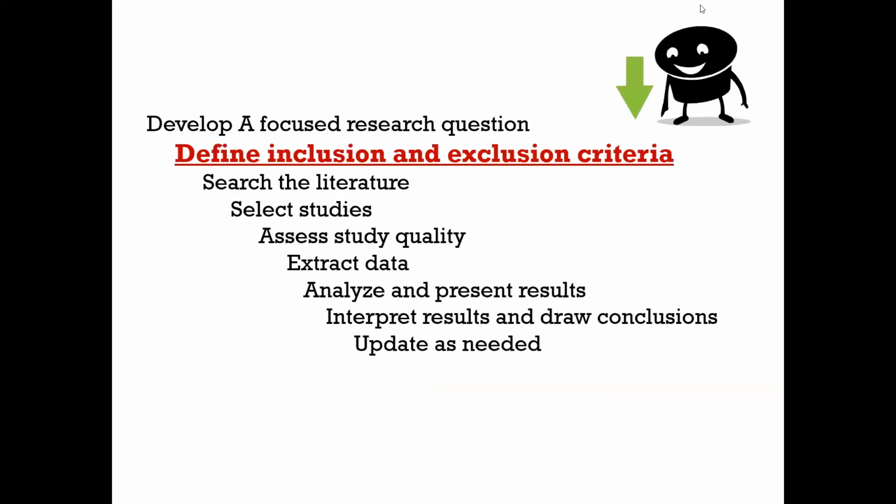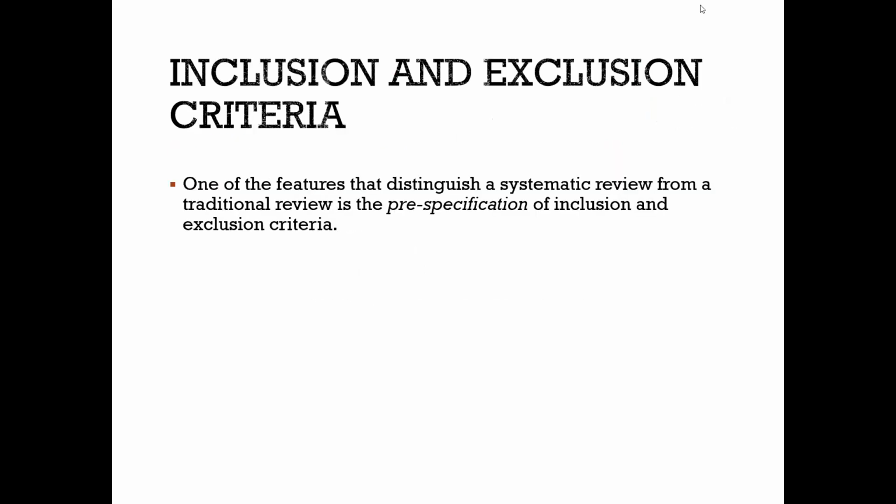Next, define the inclusion and exclusion criteria. Like I mentioned, you have to be very accurate when you do the inclusion and exclusion criteria, because this will tell how many studies will fit into your systematic review. This will tell what your studies will be and how your data is going to come.